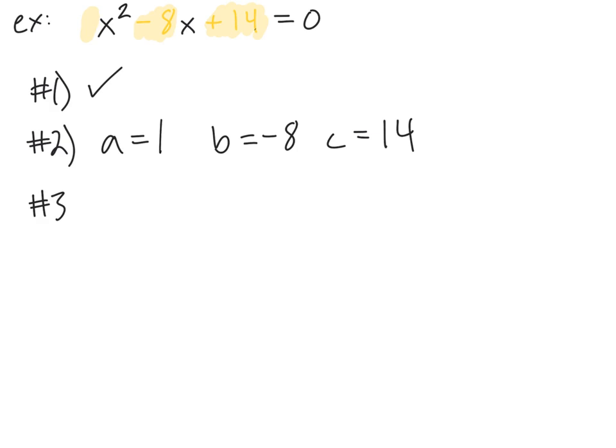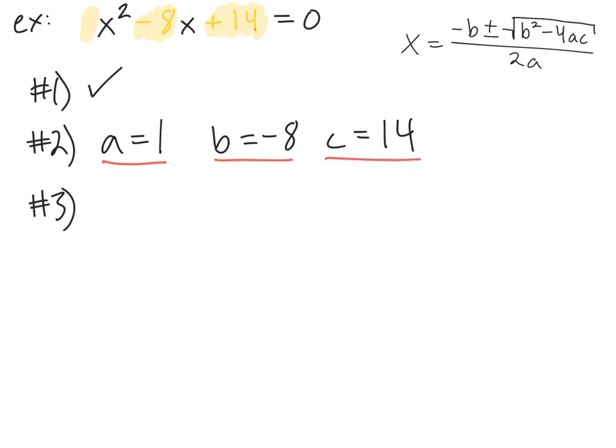All right, moving right along. Step number 3 was to substitute our values into the formula. I've got a copy of it right here, and I'll put that up in the corner just to have it for reference. As we're substituting into the formula, if we have any negative numbers, it's always a good idea to put those negative numbers in parentheses. So all we're doing is substituting A, B, and C. The x value is the value that we're trying to solve for.